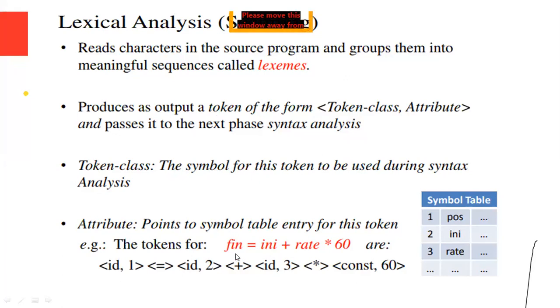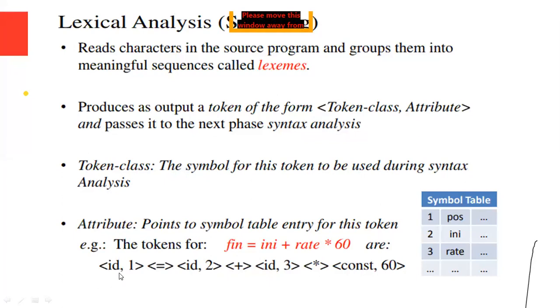So this is the given statement of a source program. This source program is converted by the lexical analysis into this. This is the output of lexical analysis, and it is taken as input to the syntax analysis. The output from lexical analysis works as input in syntax analysis. We are writing the output in the form of token class comma attribute name.